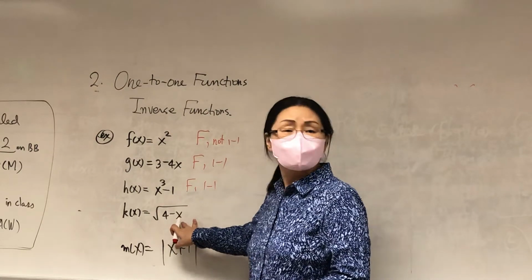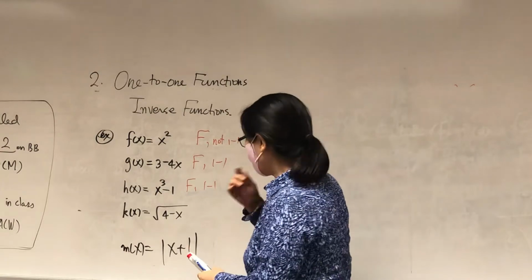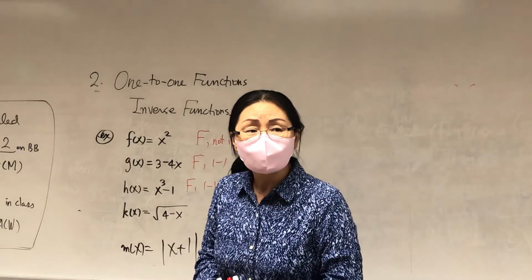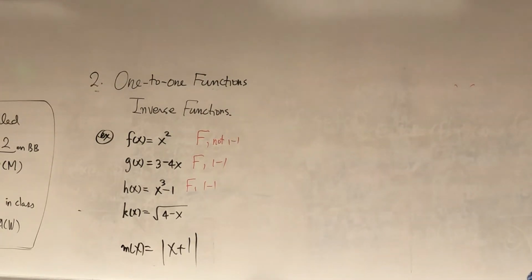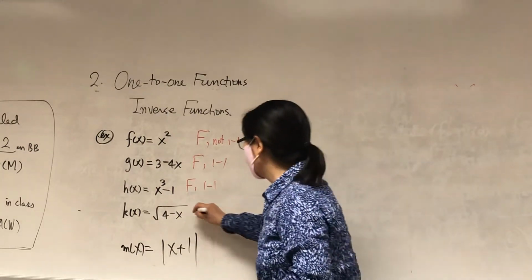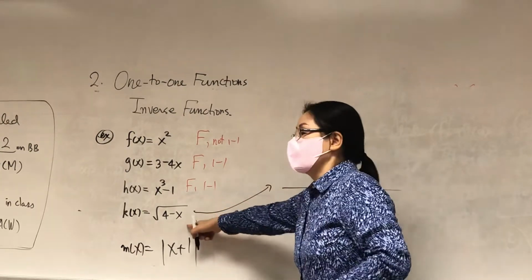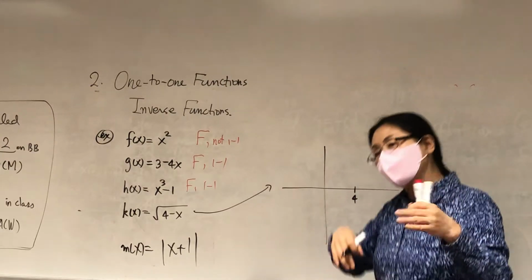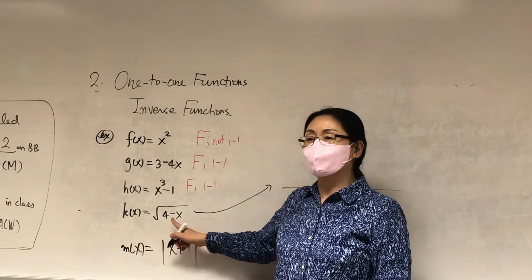It ends at 0, right? Where is the vertex? Which x value makes the inside 0? Like a V, right? What's the graph of this? You should know. It goes to the left-hand side or right-hand side, so you have to check.